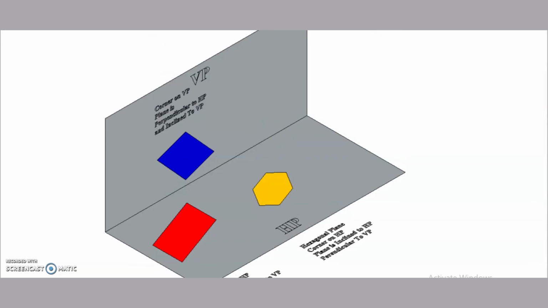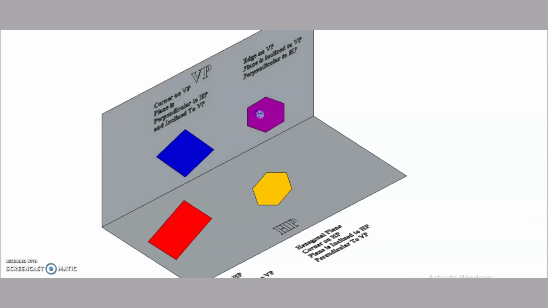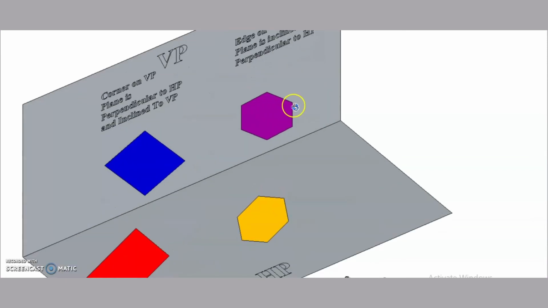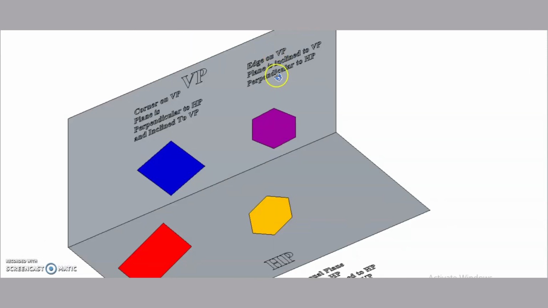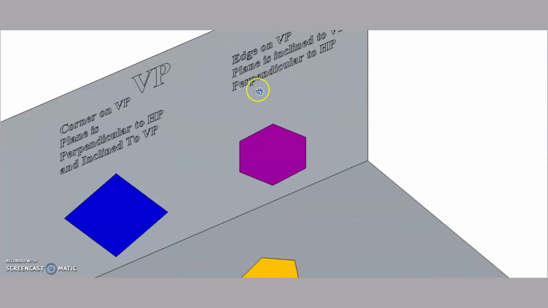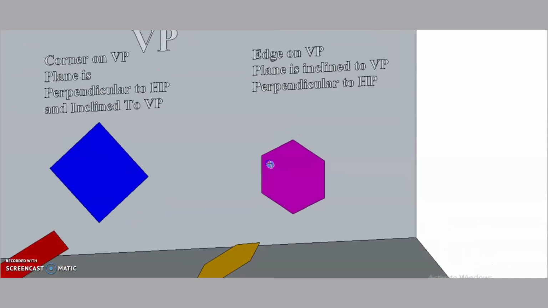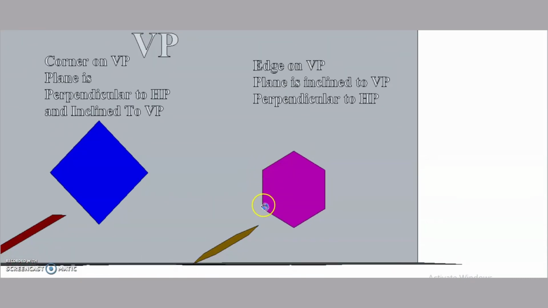Now consider the fourth case. Again here a hexagonal plane is considered. Now this hexagonal plane is resting on VP on one of its edges.